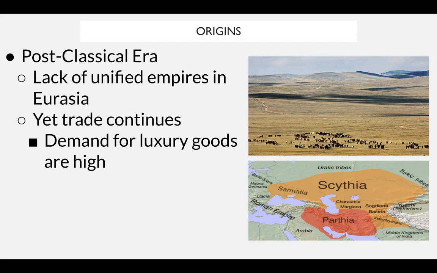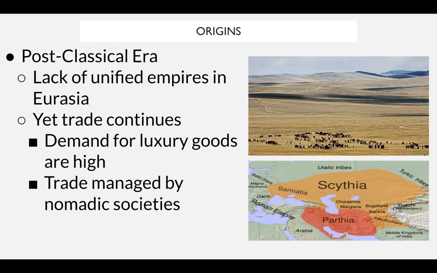But trade, as I mentioned before, is continuing. The demand for luxury goods is very high. People really want silk from China, for example. As such, trade will happen, but it's going to largely be promoted not by a unified empire at this point, but by a collection of Central Asian nomadic societies.